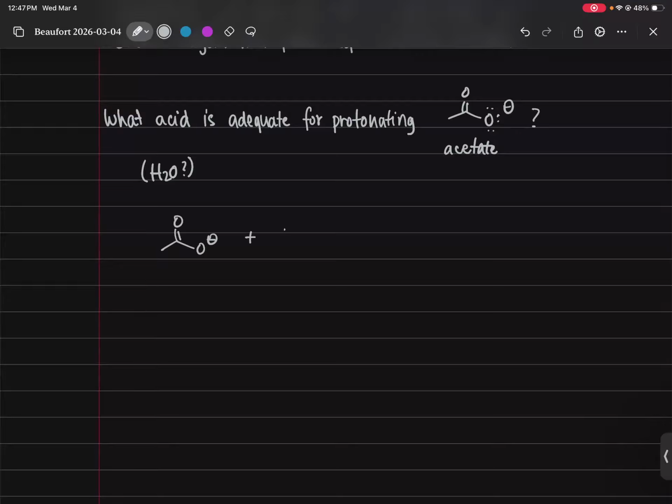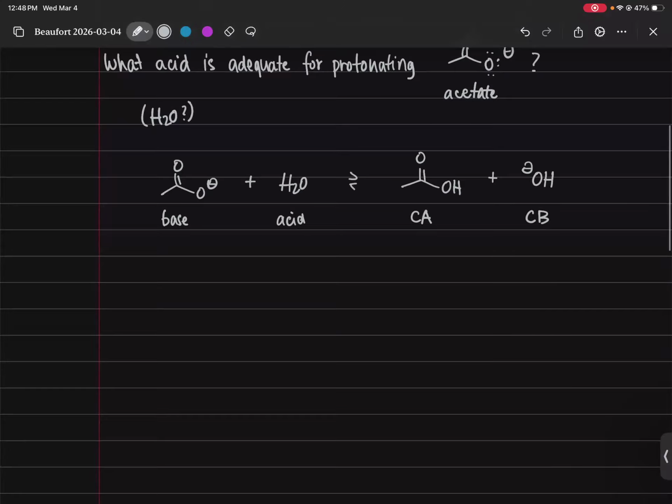Acetate plus water, and we're going to have an equilibrium of unknown here. There's acetic acid, our conjugate acid, and hydroxide is our conjugate base.